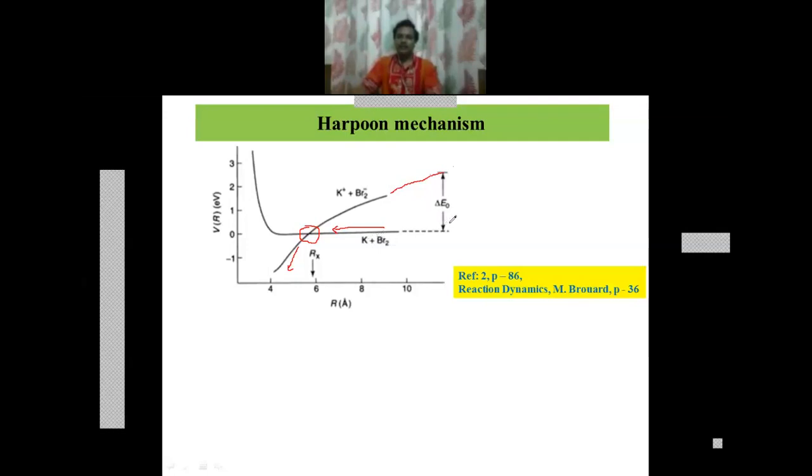So this is the difference between the ionization potential of the metal, and the metal is my potassium, minus the electron affinity of the halogen molecule.